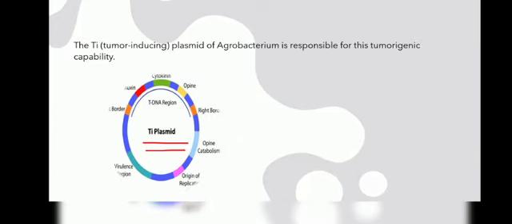Now this TI plasmid of Agrobacterium is actually responsible for tumorigenesis, the formation of the crown gall tumors.